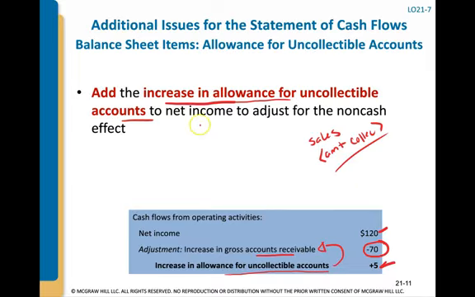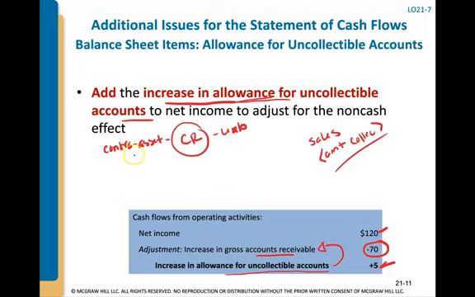So also, I want you to think about allowance for uncollectible accounts is a contra asset account, and its regular account balance normally is a credit balance, much the same like a liability.